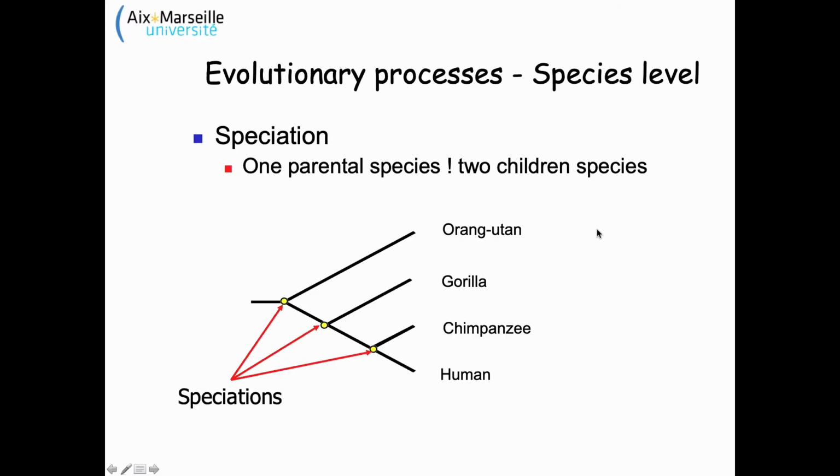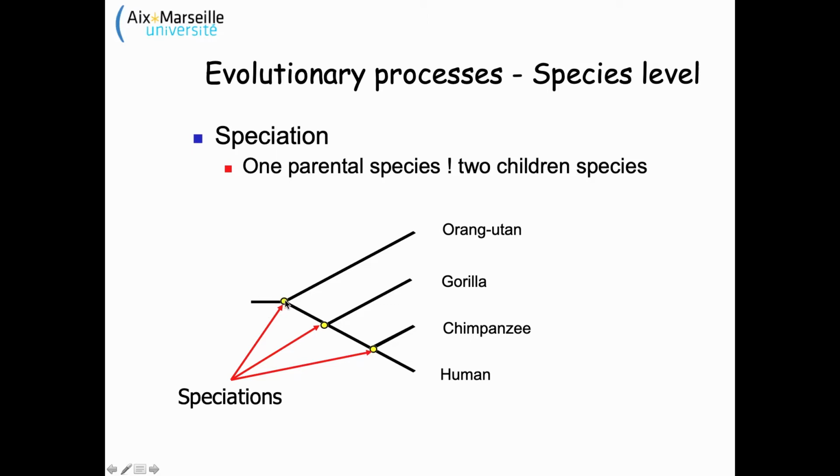So about the species tree, I'm here at the species level. You can have one parental species, but at least 2 children species. In this small tree with orangutan, gorilla, chimpanzee, and human, this is the common ancestor here.